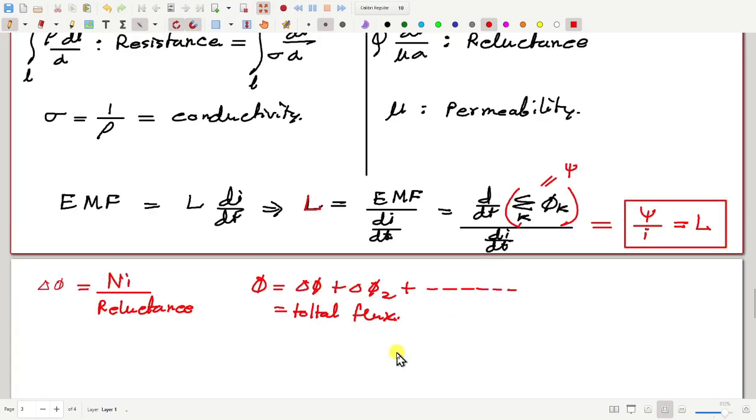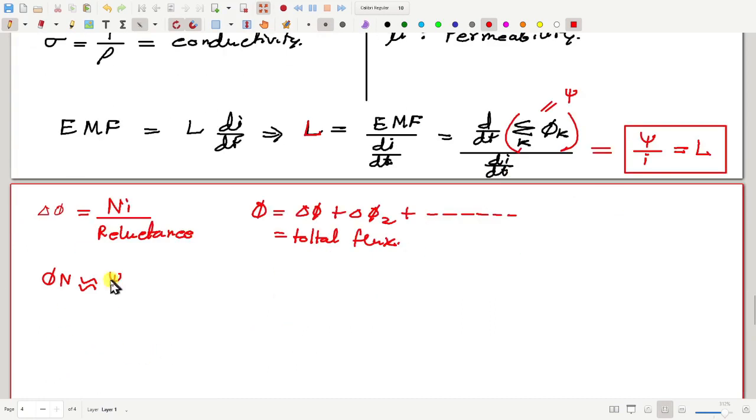If we multiply this with N, the number of turns, we get the flux linkage, approximately, of course. If you want a more precise calculation, you can do that, no problem. Once we know the value of psi, then you can get the inductance. L will be equal to psi by I.